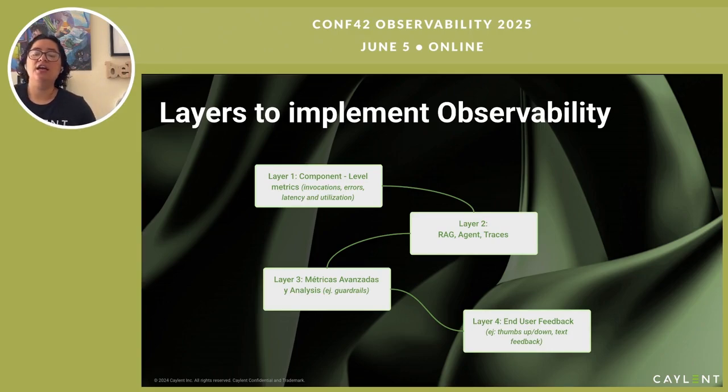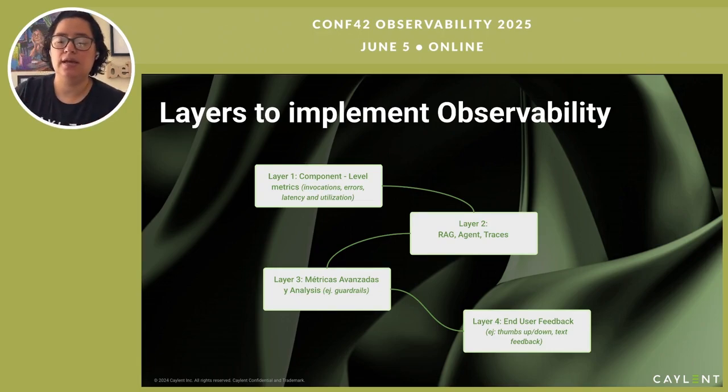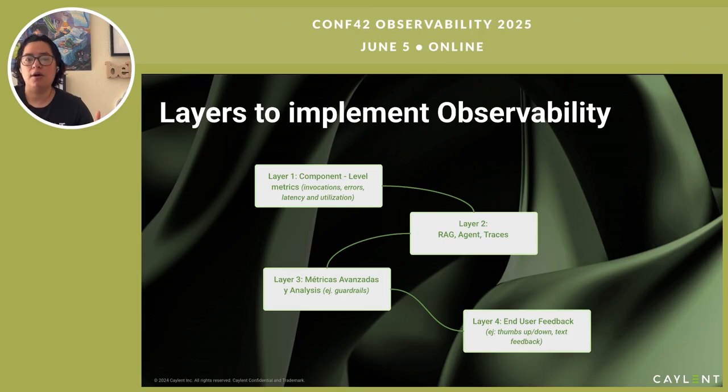Layer two, you're going to get metrics and the traces. When you work with models, the traces can be really important because you need to know what actually happens when the user asks for something, and all the different steps related to the different components.